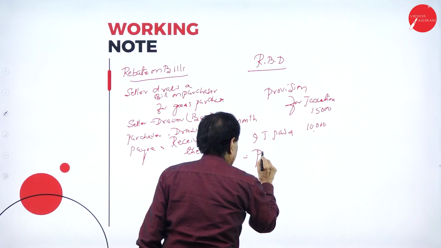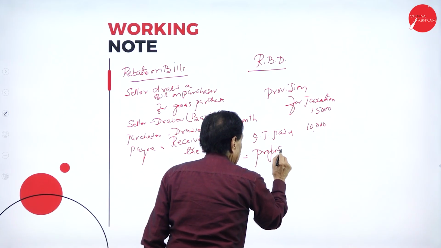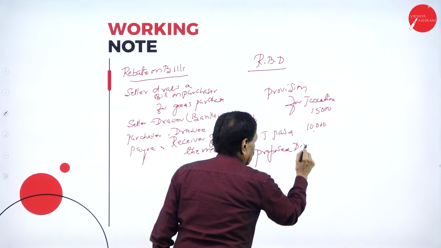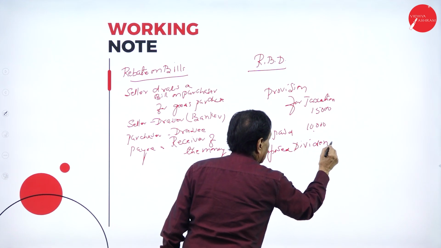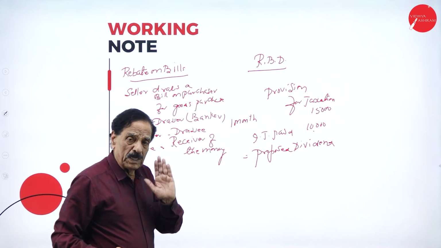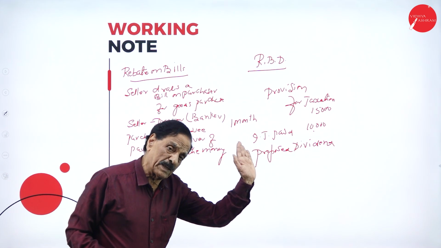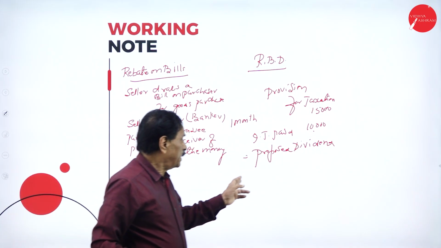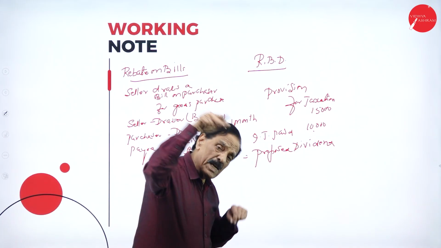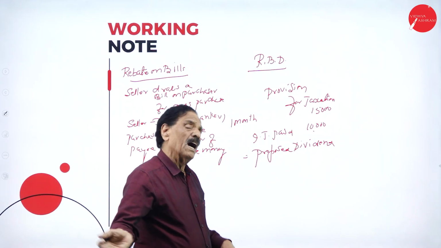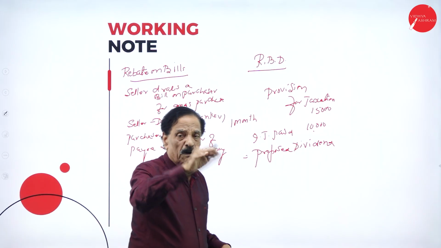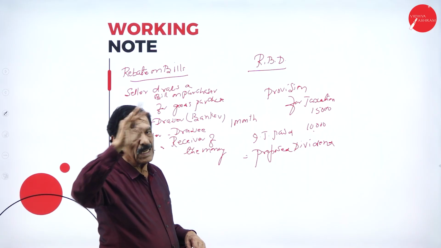Proposed dividend. Proposed dividend should be calculated on paid up capital. It can be deducted from profit and surplus, or it can be put under provision and contingency.